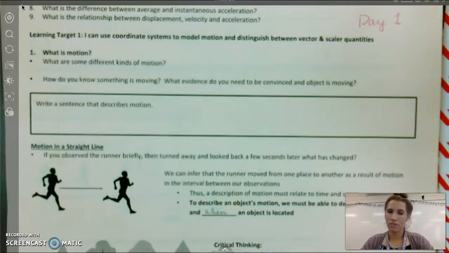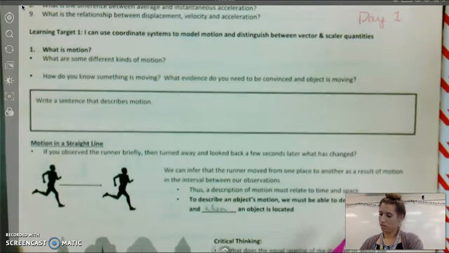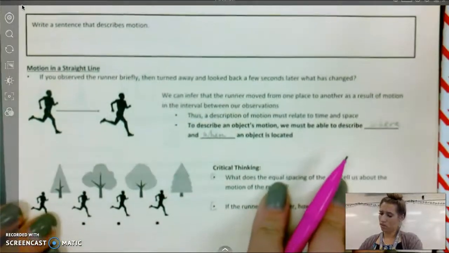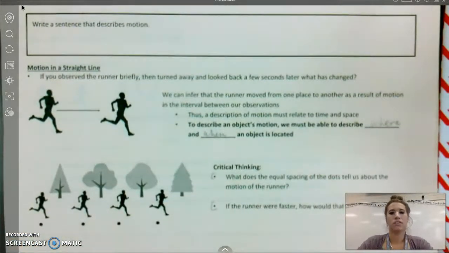If something's just free floating out in space, we have no comparison to make, we wouldn't be able to tell if it was moving or not. But if we had some other object, it could move in relation to that object, okay? So that object for us usually is our background, our settings around us.